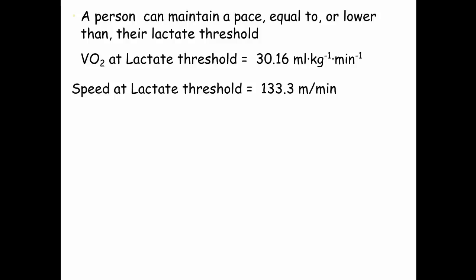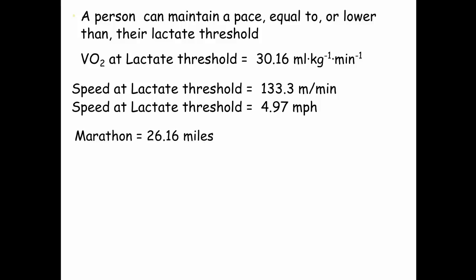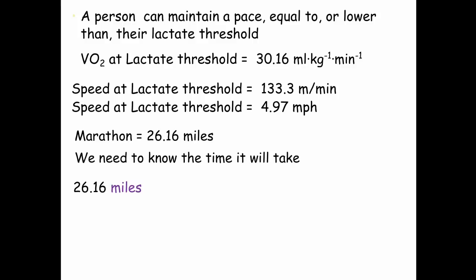So far we figured out his VO2 at lactate threshold is equivalent to a speed of 133.3 meters per minute, which is the same as 4.97 miles per hour. We know that a marathon is 26.2 miles, so we need to know how long this is going to take. So let's start off with how long he's going to run for, which is 26.2 miles.